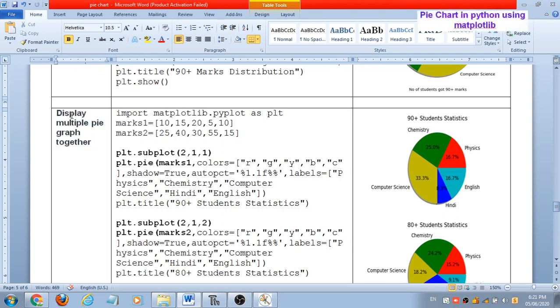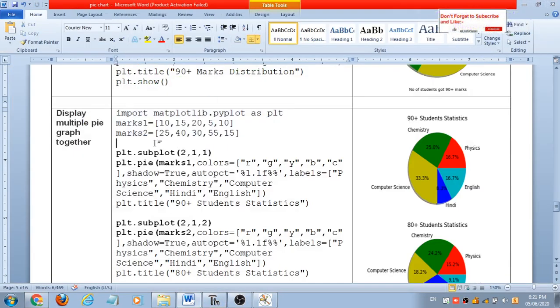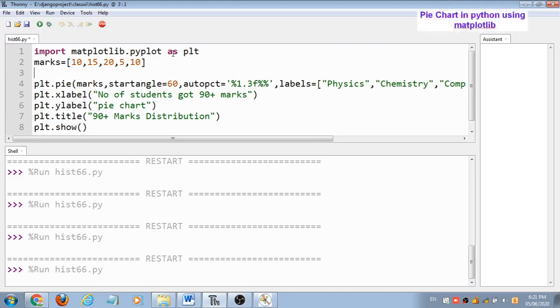Now this is something interesting. Suppose we want to plot multiple pie charts in a single plot. Suppose we have two distributions, and I have one more distribution, marks 2, and I want to draw the pie chart for this distribution also.